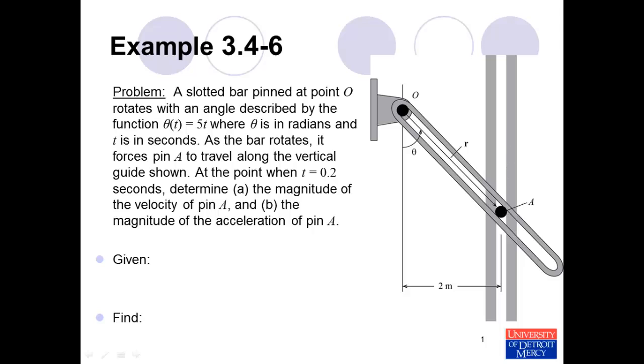So reading the problem, we're told how the angle theta moves. We're told that theta as a function of t is 5t, in units of radians. And we desire to find the magnitude of the velocity of pin A, and the magnitude of the acceleration of pin A at t equals 0.2 seconds.